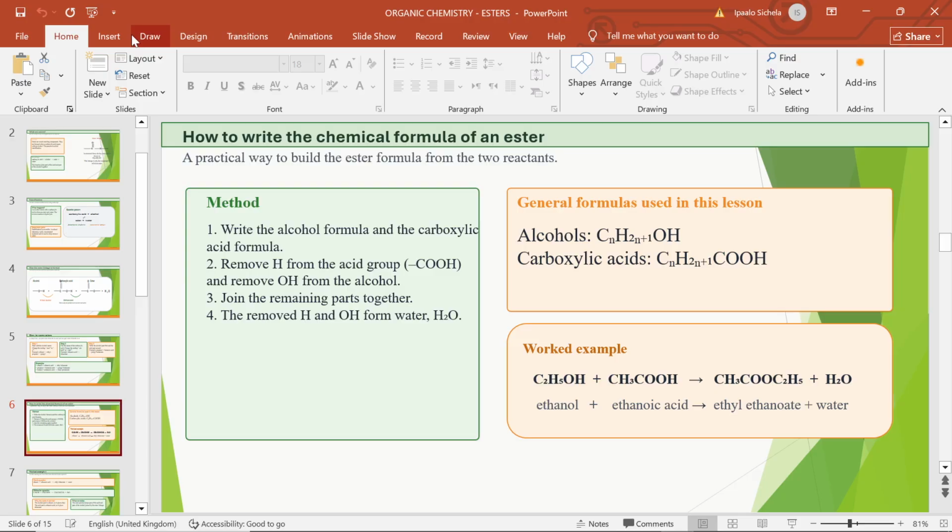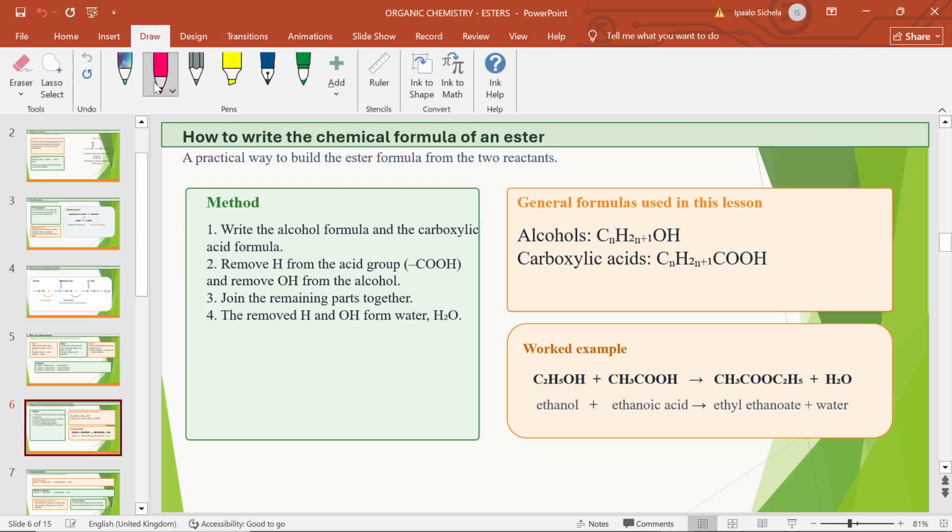Let me show you what I mean. The functional group of alcohols is OH, and there's no carbon atom in it. But for carboxylic acids, the functional group is COOH, so there's an extra carbon atom in the functional group, this one here.